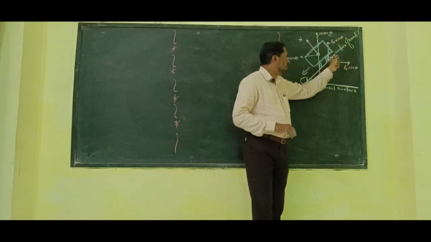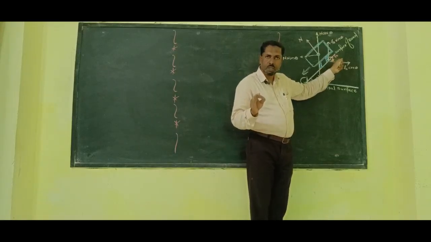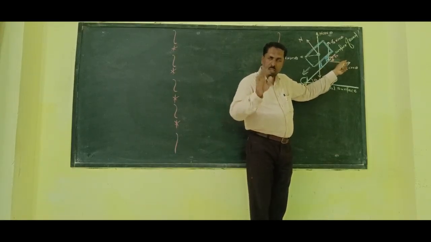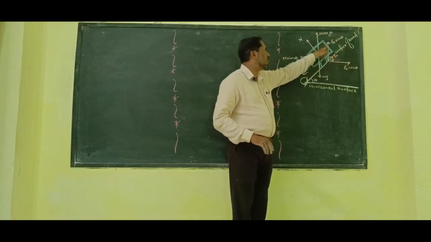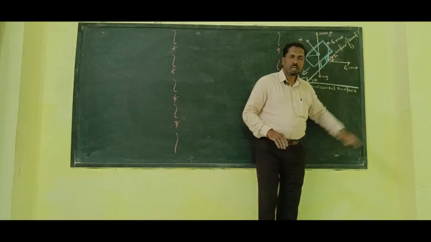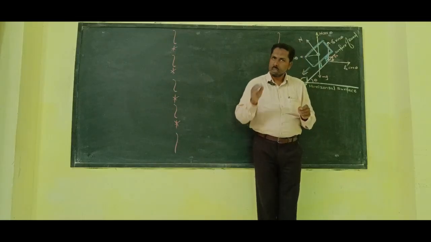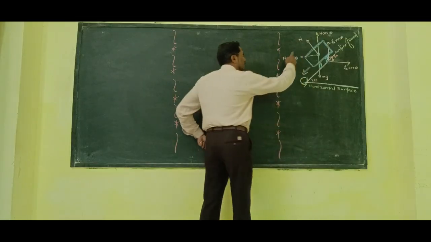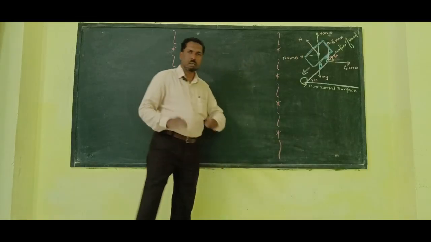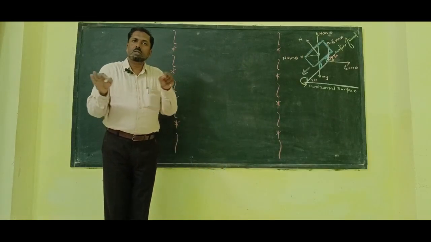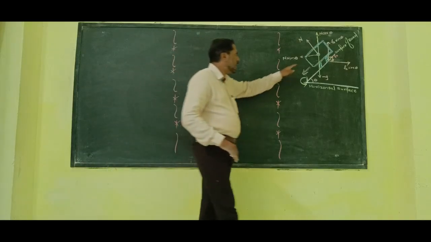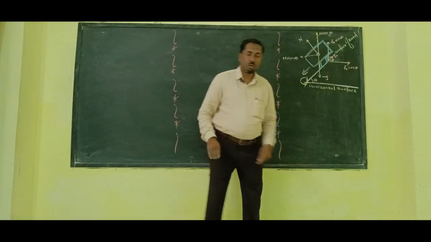That limiting force of friction is also resolved into two components. One is Fs sin theta, another is Fs cos theta. Likewise, the normal component n is resolved into two components, n sin theta and n cos theta.